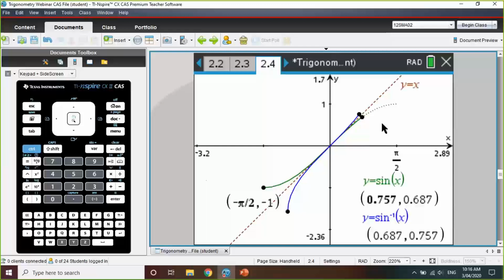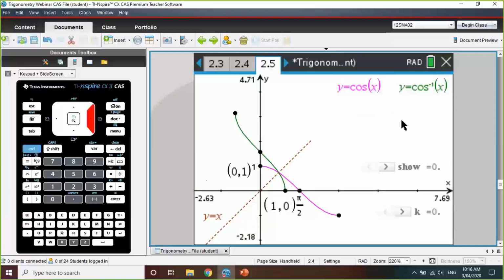Okay? And we also need to be mindful of the shape of our functions. So really, we should be really comfortable with our sine function. And then once we chop it at our turning points, then we can reflect in line y equals x to get inverse sine. With cos and inverse cos, it's a bit of a slight trick because it's kind of like the opposite way.